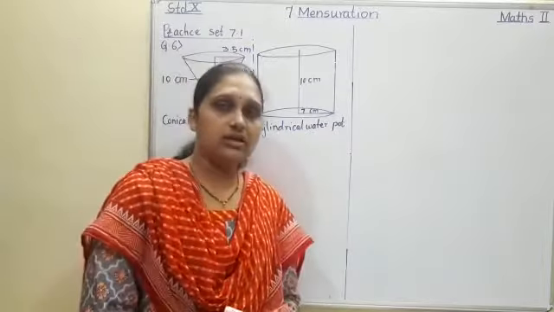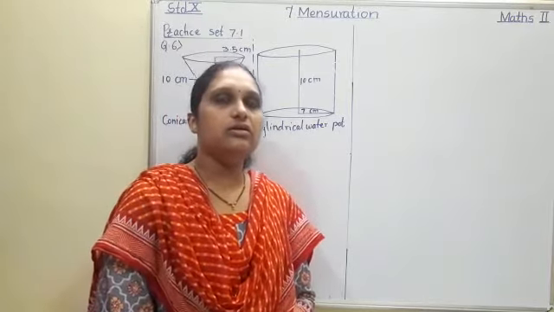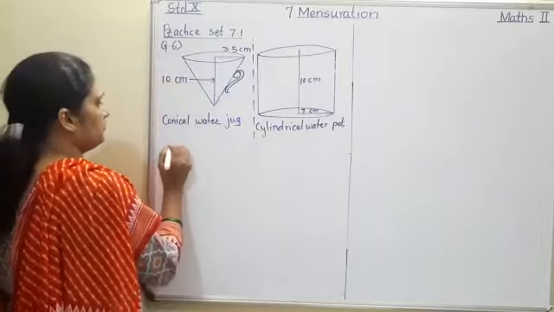When we start writing this sum, always write the given things. So I'll write the given things from this.